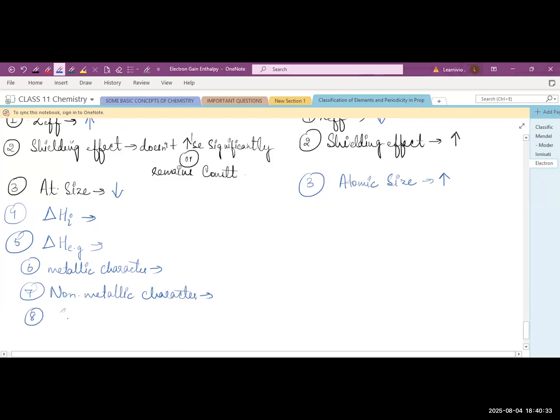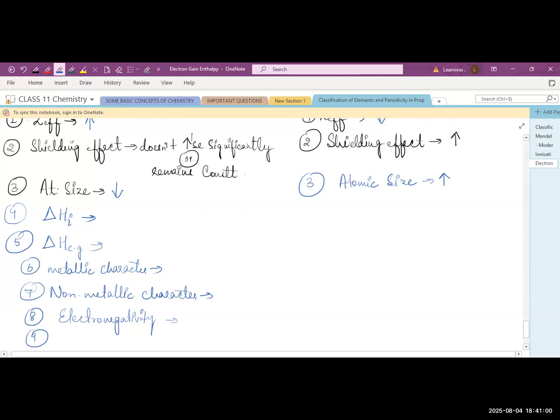The eighth one, electronegativity. These are the general trends, right? But there are some exceptions, some anomalous behavior of the period number two elements. I will discuss it after this. First, let's discuss this.